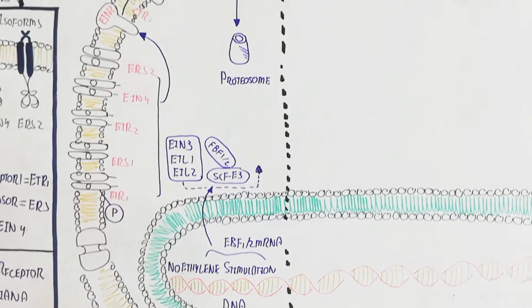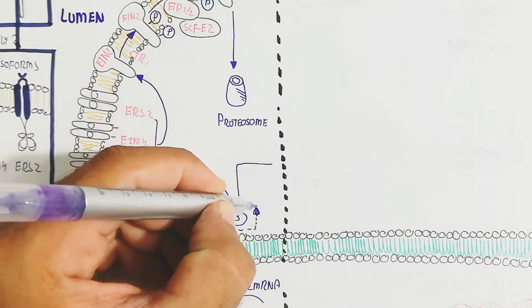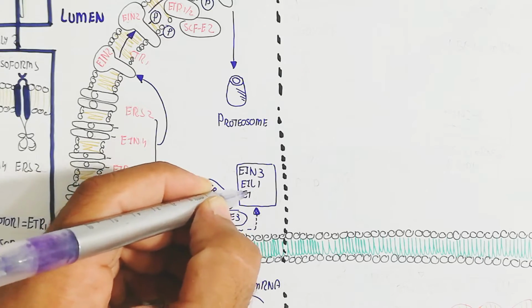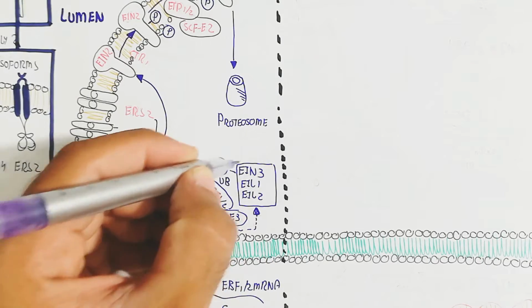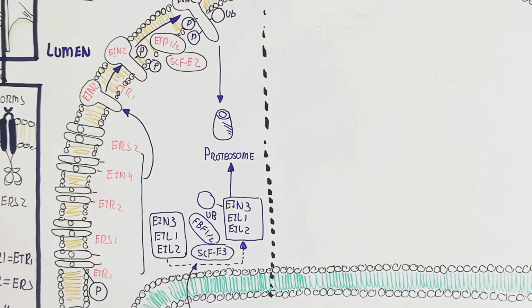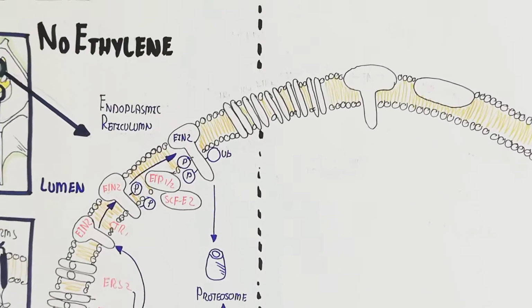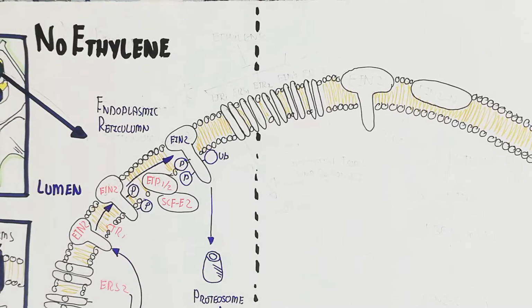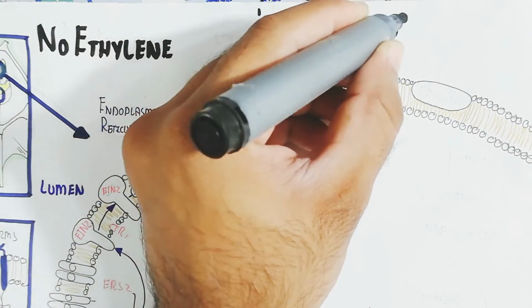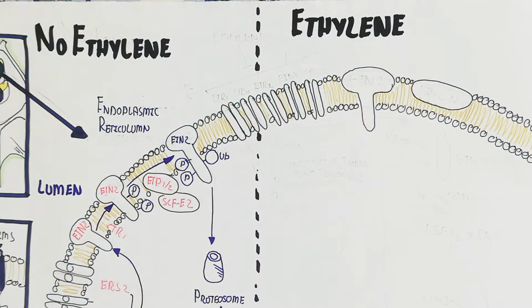These proteins will be stimulated via EBF1 and 2 and the SCF E3 to ubiquitination, which will lead to proteasome production, and in this way the ripening will be inhibited.